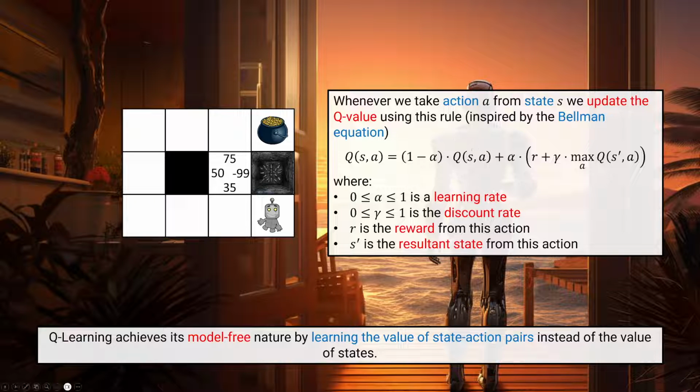So remember, this component here, this Q of SA, that's the old value, the old Q value. That's incorporating all of the information that's come up to this point. This term over here is all the new information. That's everything we've learned right now, the new state that we've arrived at, the new reward that we've got.